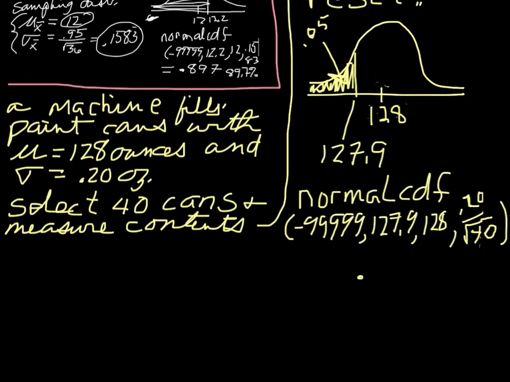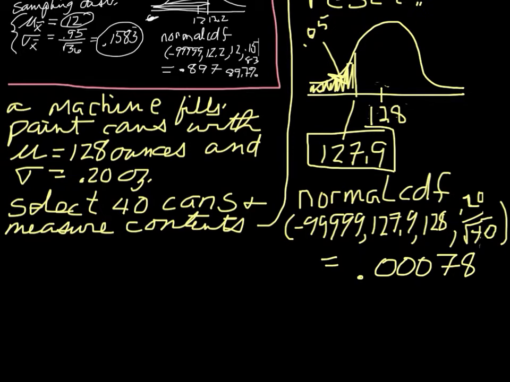So when I do it, I get 0.00078, which is a very small area, very small probability. So it's highly unlikely I would get this average by chance.